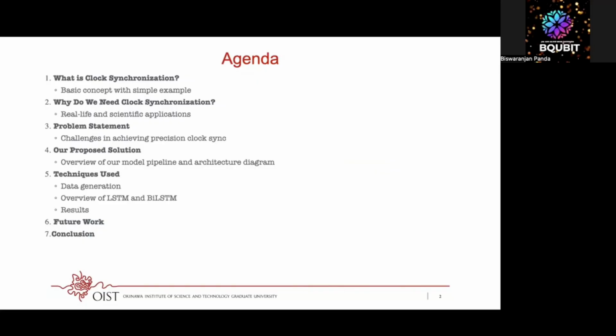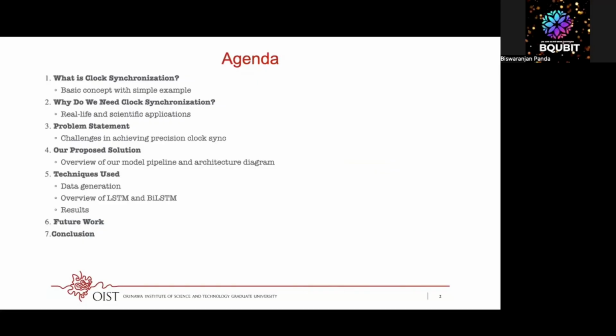I have tried to find some real-time clock synchronization dataset, but I only got some research papers. I mailed the authors, but they didn't reply to me, so I didn't get any data. So I have generated my synthetic data, and we'll see how I created it.